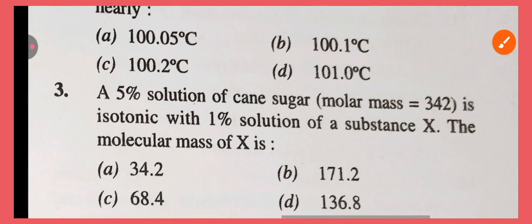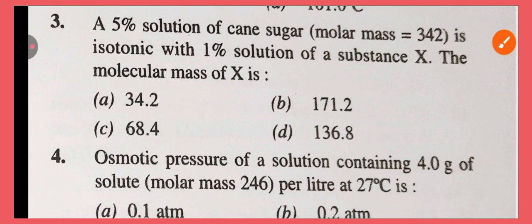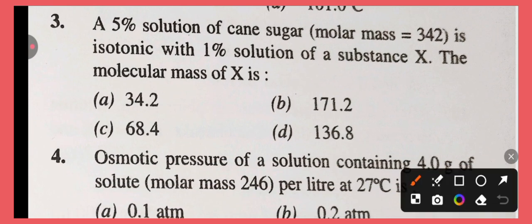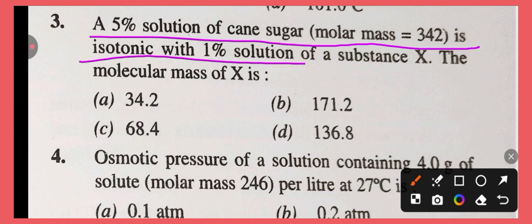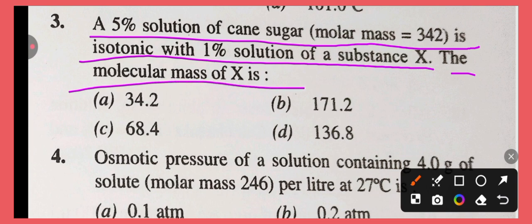Next, move to another question. In question number 3, a 5% solution of cane sugar, molar mass 342, is isotonic with 1% solution of substance X. The molecular mass of X is. Here we need to understand what is isotonic solution. Isotonic solution has the same osmotic pressure.